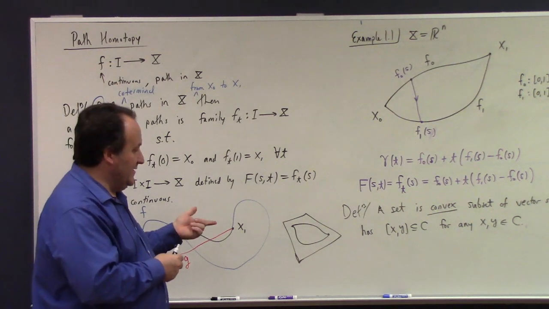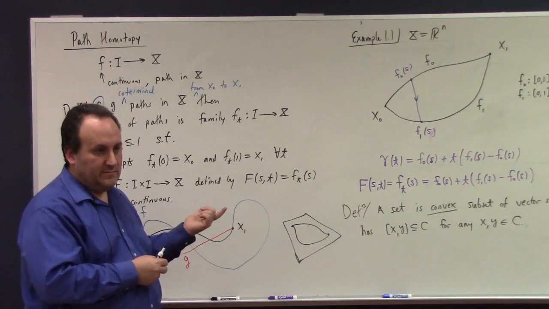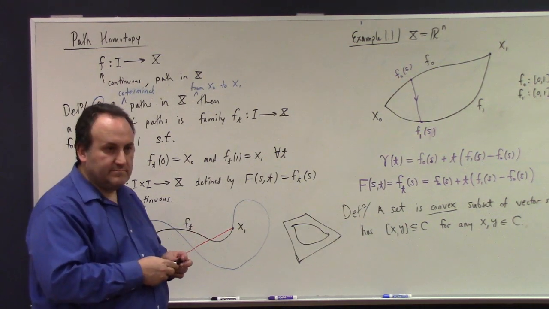So any two coterminal paths in a convex subset of Rn are also homotopic.